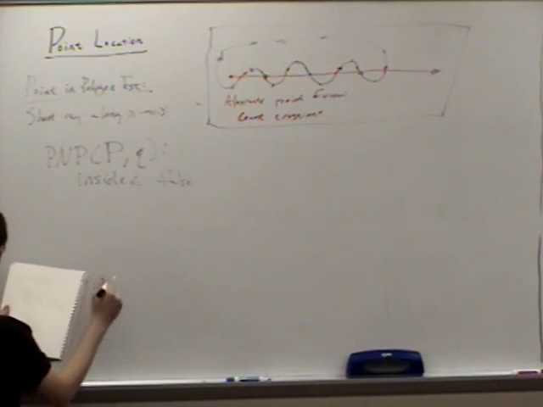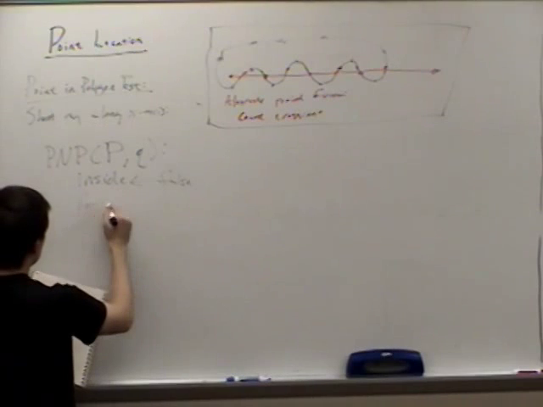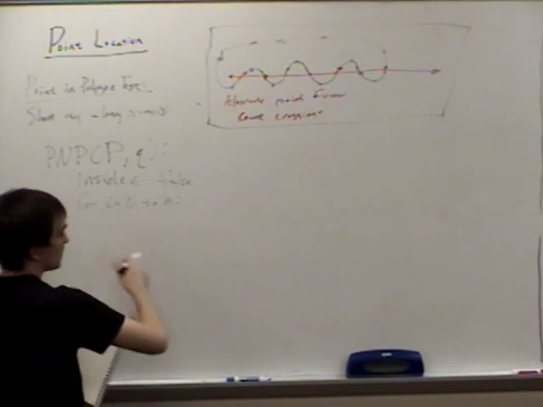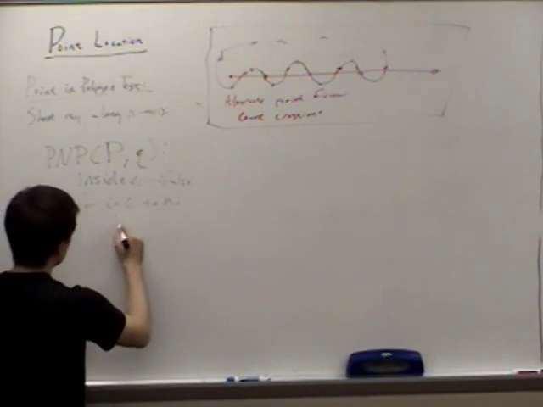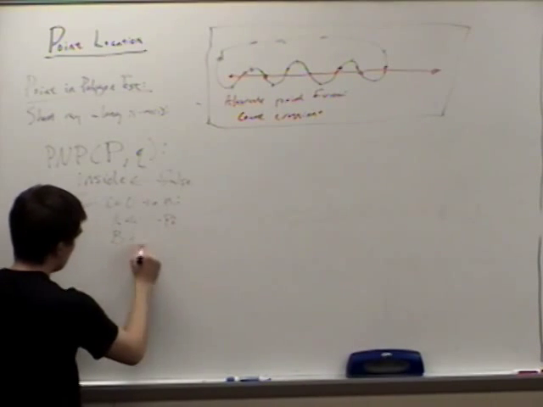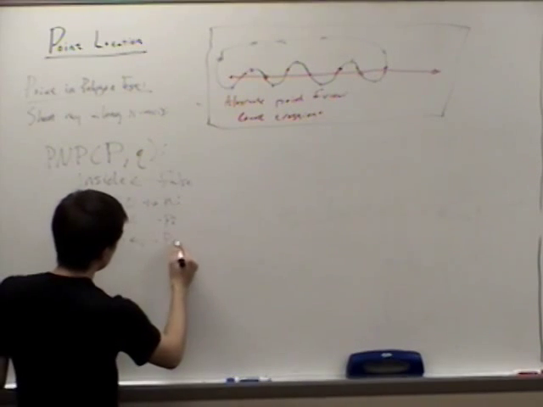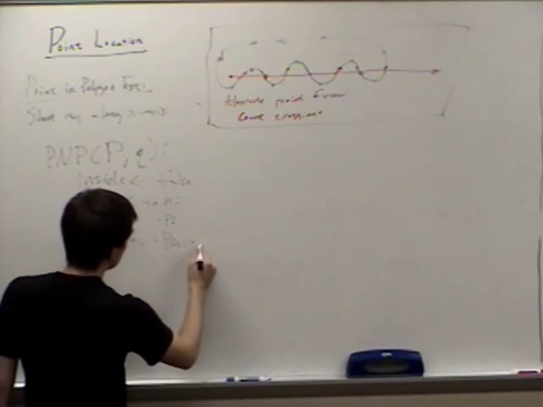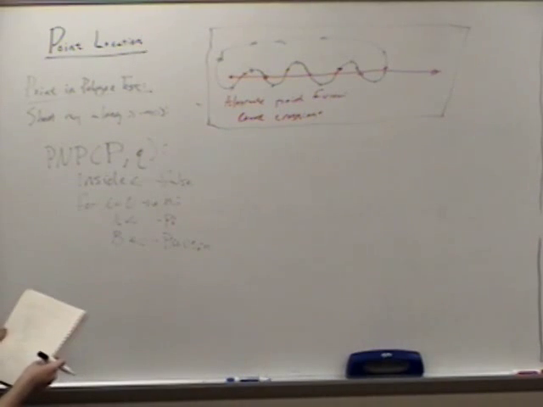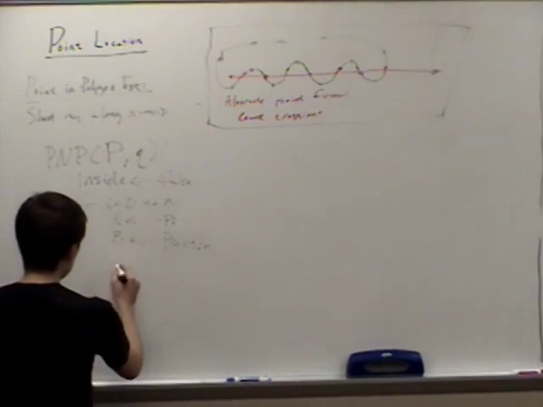All right? And I'll say for i equals 0 to n, so we're going to loop over all of the points. Set this point A to be the ith point. B is going to be the (i plus 1)th point with cyclic indexing. So we're just going to look to the next point in the polygon.